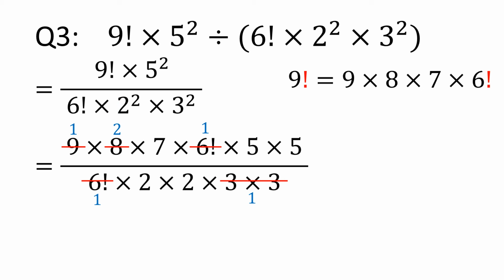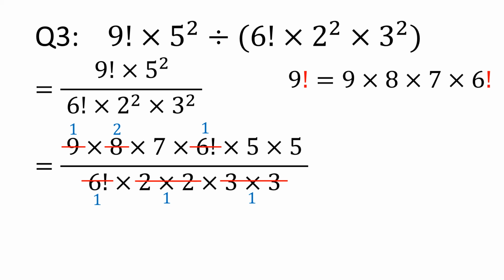2 times 2 in the denominator divided by 4 is 1. Now the denominator is just 1 times 1 times 1, which is 1. And we have 1 times 2 times 7 times 1 times 5 times 5 in the numerator.